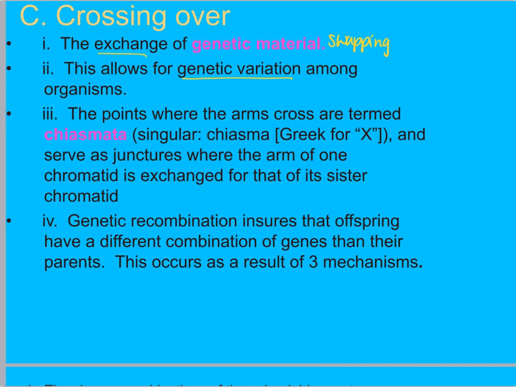The point where the arms cross is called the chiasmata. This is where, like I said, the crossing over is actually going to happen. So it's where the arms cross over. Anyway, I mentioned before, genetic recombination makes sure that your offspring are going to have different combinations of genes compared to your parents, and also compared to your siblings.